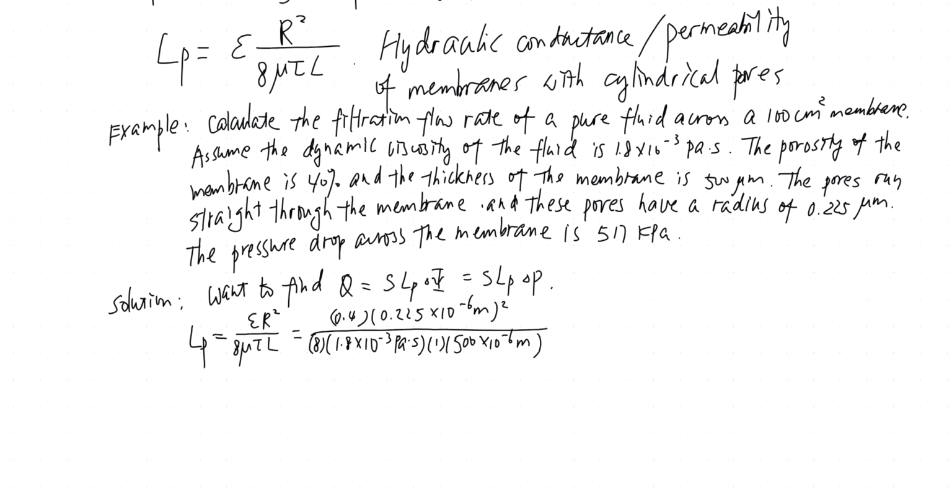If you work on the numbers and also the units, you get meters per second, which is the unit of hydraulic conductance or permeability. So the number is 2.8 times 10 to the minus 9.